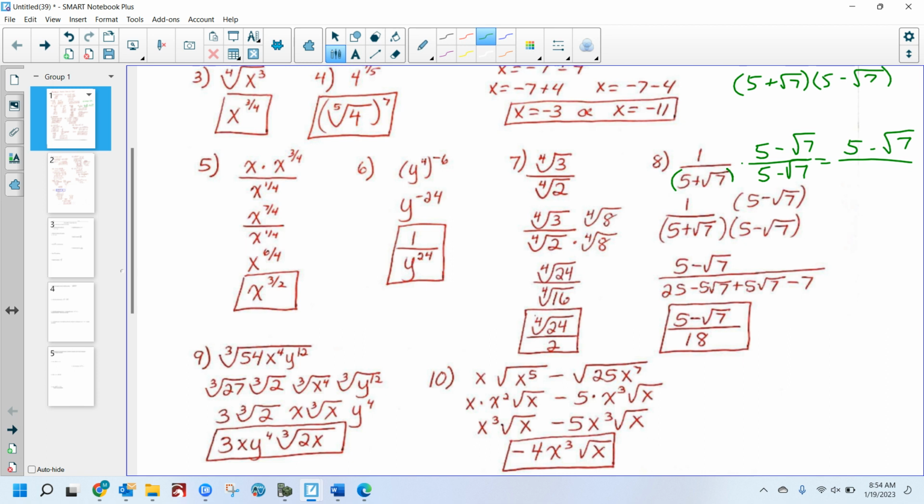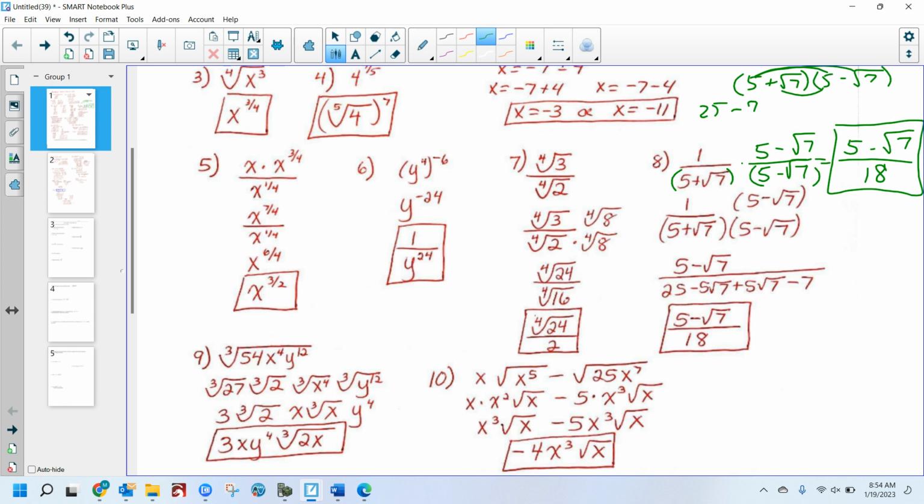And when you FOIL those out, you get 25. Do you see how it's going to be minus 5 radical 7 plus 5 radical 7? They're going to cancel. Minus radical 7 times radical 7, which is 7. 25 minus 7 is 18. So my answer, with no square roots in the denominator, is 5 minus radical 7 over 18.